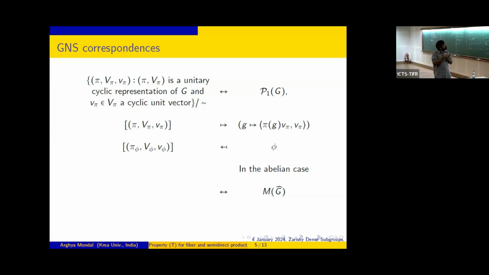And in this case, you have a very explicit description of the corresponding cyclic representation. You take a measure mu, it will give you a representation. The representation space is L2 of G hat with respect to the measure mu, and the cyclic vector is the constant function 1, and the action is basically pointwise product by the evaluation map at G.